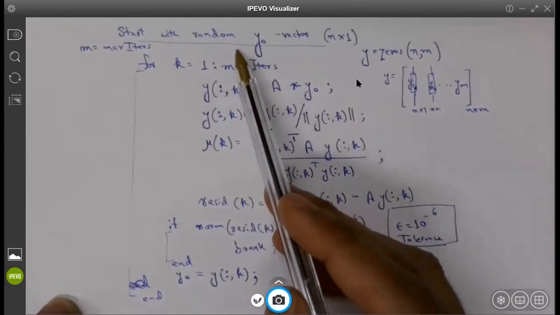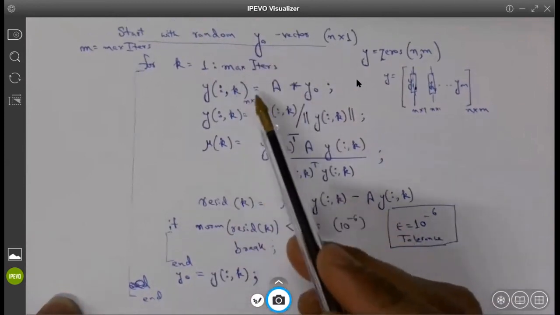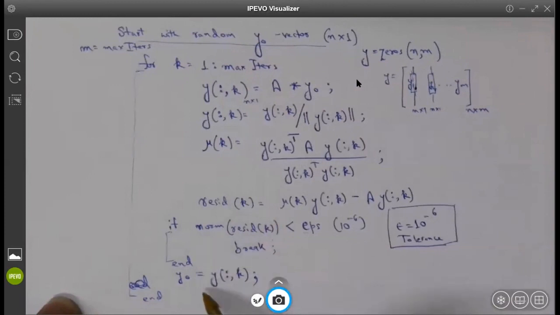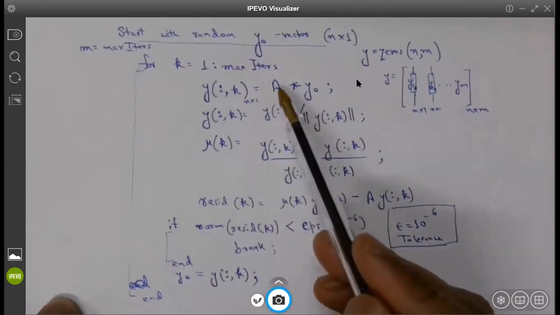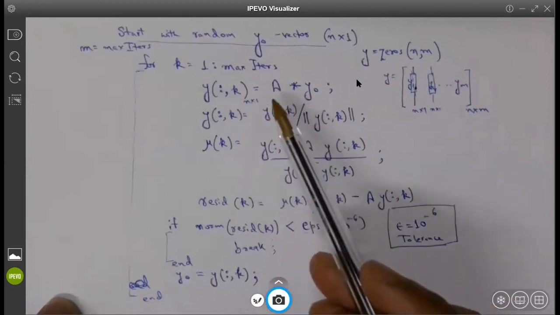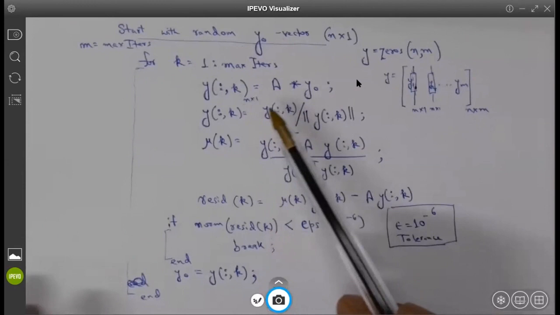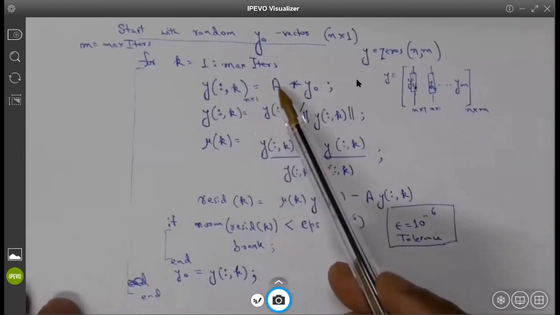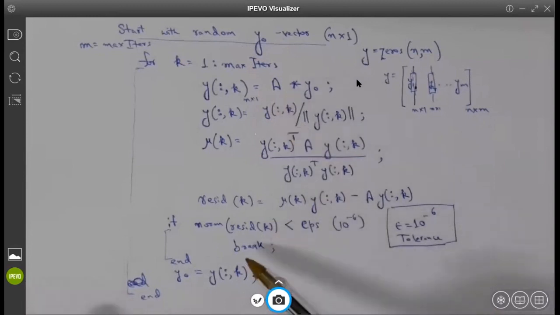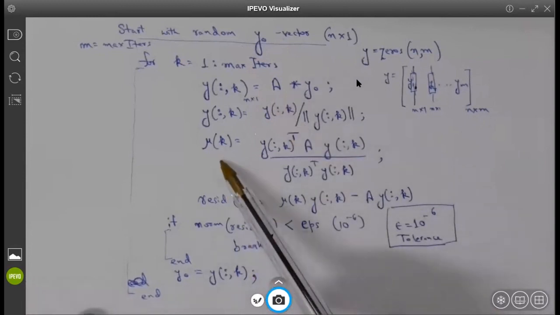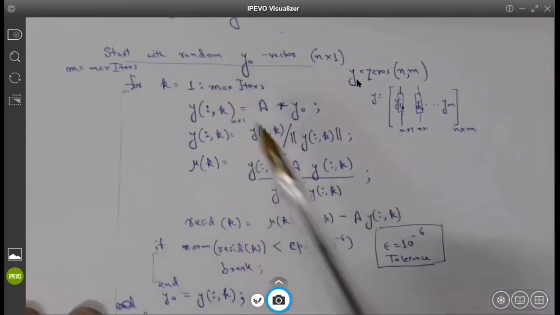Initially I start with a random y0 vector, but once I enter this for loop, I keep on updating my y0 with my current y vector. So basically I'm just multiplying this y0 with A times A times A times A. And as we have seen, after successive multiplication of this vector with A's, you will eventually get the eigenvalue, which will be your dominant eigenvalue.